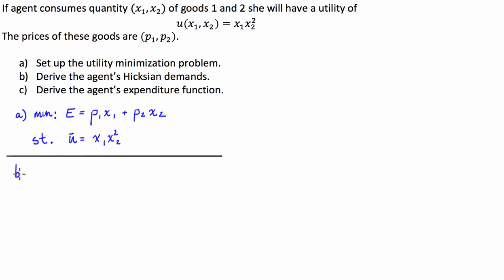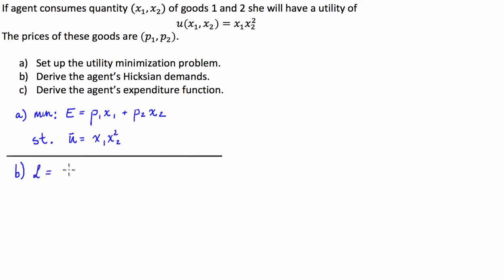We have part B. Derive the agent's Hicksian demand. Okay, so we're going to use the method of Lagrange in this problem, where we take our objective function and add the constraint multiplied by a Lagrangian multiplier. So we're going to input these into our Lagrangian expression.